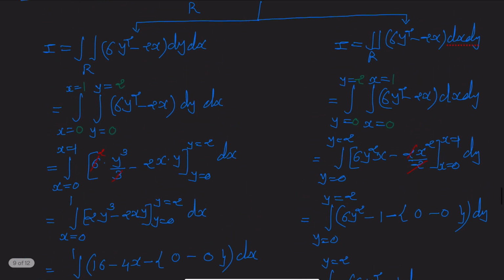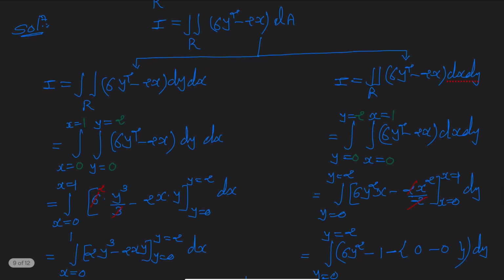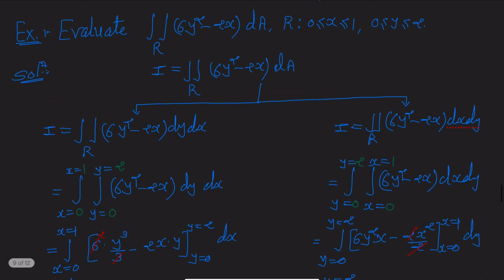Let us repeat the whole exercise again. 6y square minus 2x dA. dA is a very small rectangle with the length dx, width dy. So either you can write it is dx dy or dy dx.